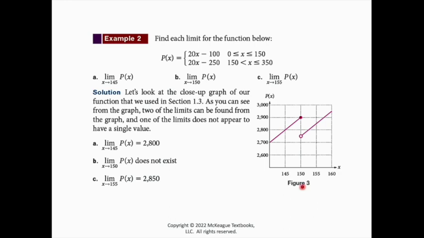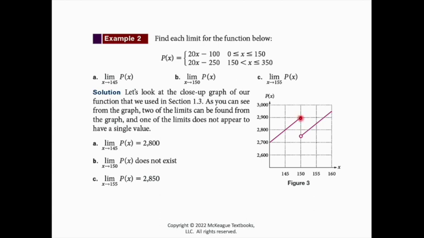Like we said before, the interesting part is when x is equal to 150. As I approach 150 from the left, I get a completely different answer than if I approach 150 from the right. If I wanted to know the value of the function at 150, that would be 2,900.